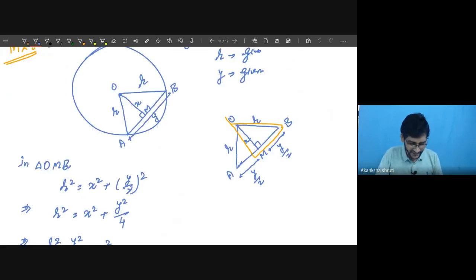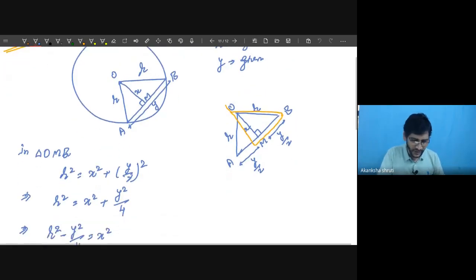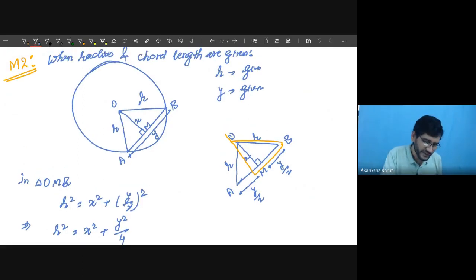At that time, we need to keep in mind to apply the Pythagoras theorem for calculating the perpendicular from the vertex over this chord, so that this area can be calculated. So calculation of this is very important, student, in case the length of the chord is given. So this was all about it.